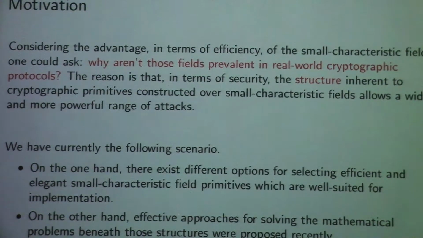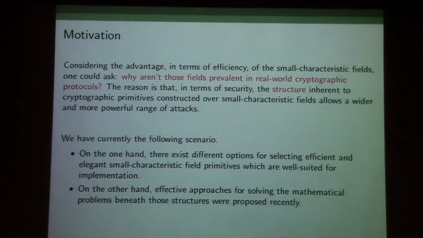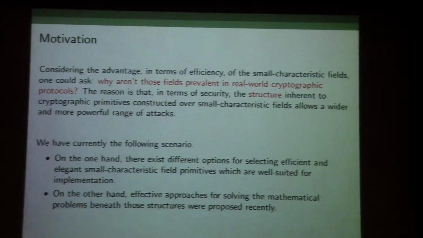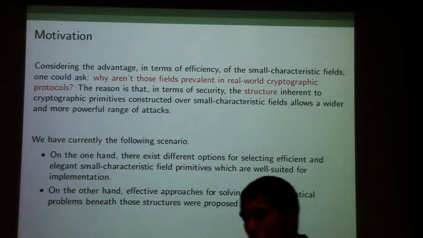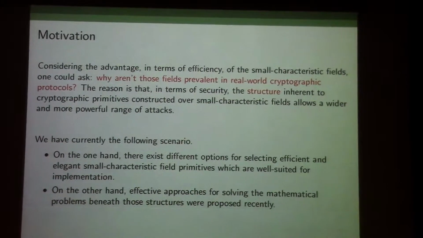So in this thesis, we want to analyze the practical implications of these attacks in some structures, and at the same time we want to implement safe structures which are based on small characteristic fields, and demonstrate that these structures could be used in real-world protocols, libraries, and standards.